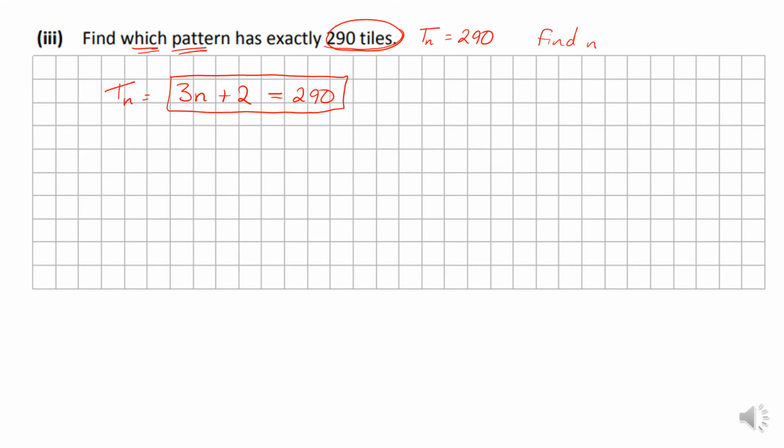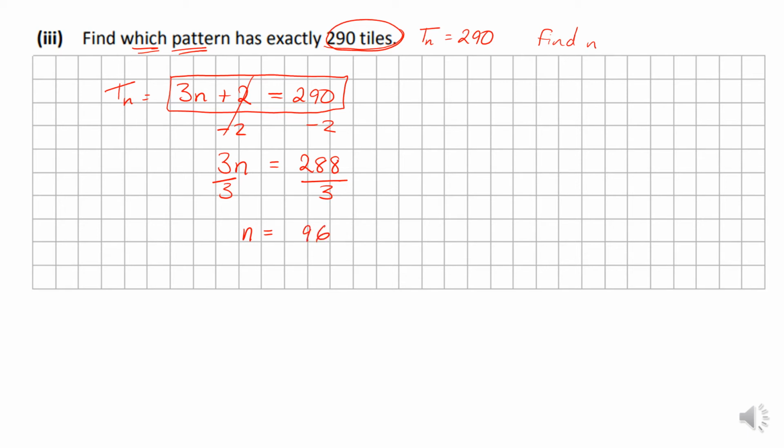What we'll do is take 2 from both sides initially to get rid of that. So we'll have 3n on the left equals 288 on the right, and to find the value of n we'll divide both sides by 3, and so we'll get 1n equals 96, since 3 into 288 goes 96 times.